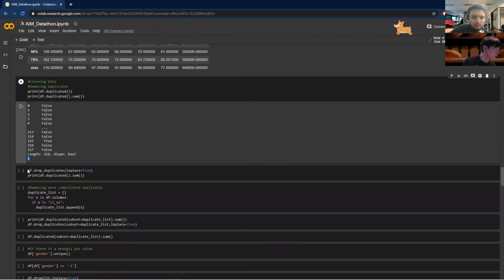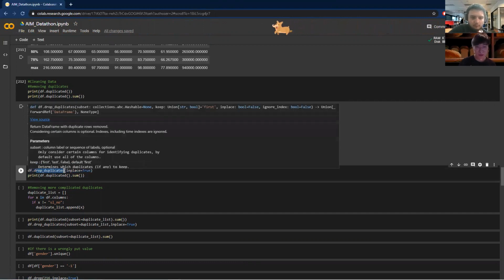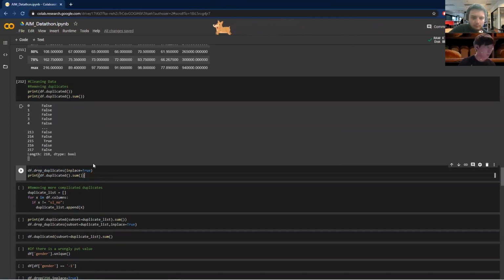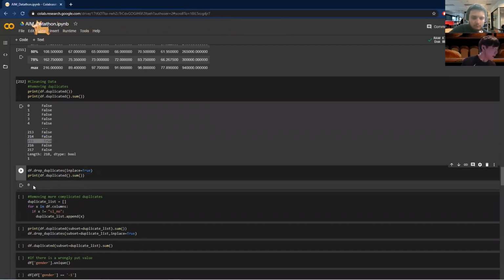So what you can do is quickly drop duplicates, and Pandas will drop that one duplicate row we found. And if we do that, we find that there are no more duplicates in this data set.